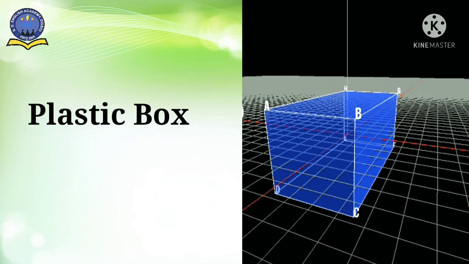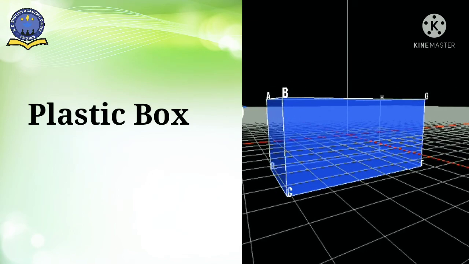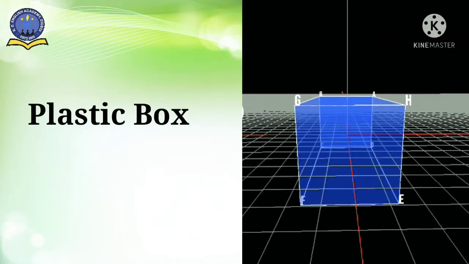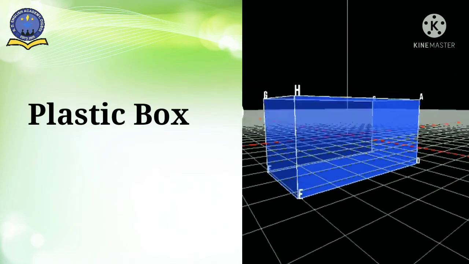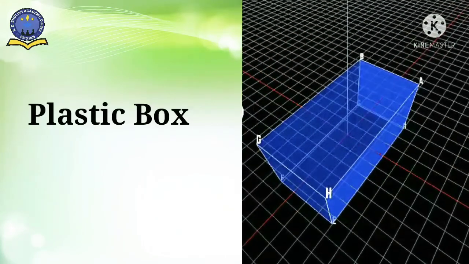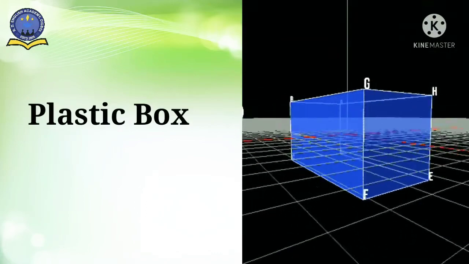Here is a 3-dimensional diagram with A, B, C, D, E, F, G, H. This is a cuboid, and it has 6 faces: ABCD, BCFG, GHEF, HADE, at the bottom EFCD, and at the top ABGH.